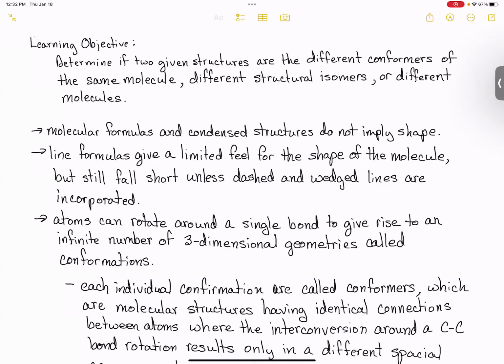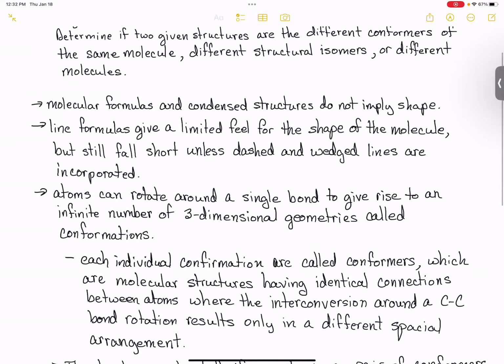It does not change the line formula per se, but it does start to change the conformation, or where all the hydrogens are located. Each individual conformation is called a conformer, which are simply molecular structures that have identical connections between atoms where the interconversion around a single bond rotation results only in a different spatial arrangement.